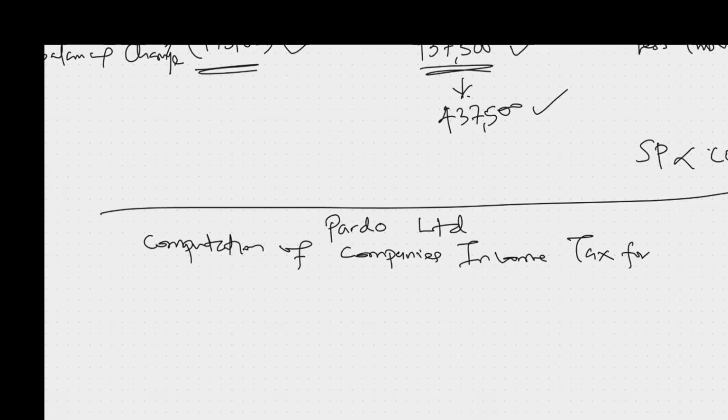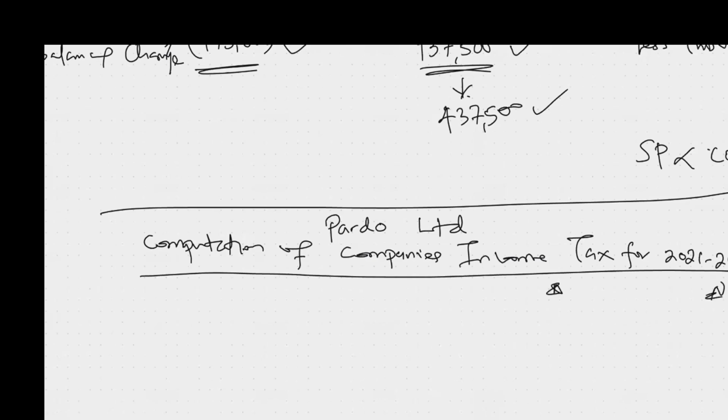So we have profits for 2021 to 2025 years of assessment. When a company commences operation, the company will be assessed with tax from the date of commencement to the end of the first accounting year.